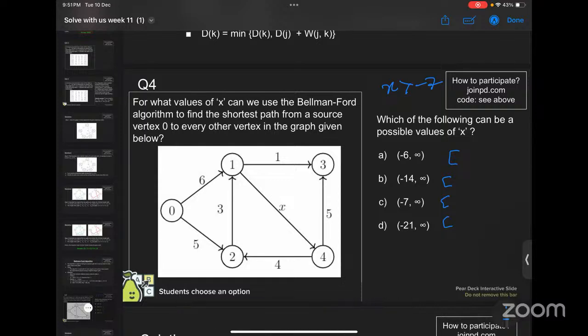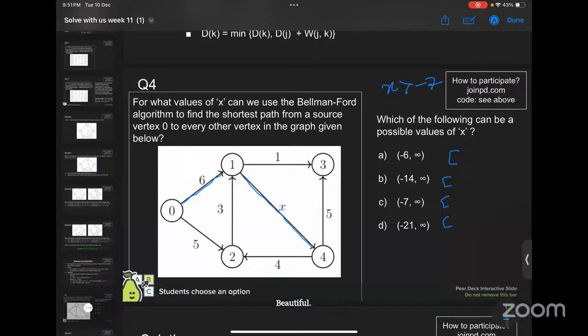Okay, ma'am, I have a doubt. You said that -7 to infinity is correct, so we can include -7. If we put x equal to -6.5, then the distance from 0 to 4 is 6 plus -6.5, which is -0.5, and distance is not negative.